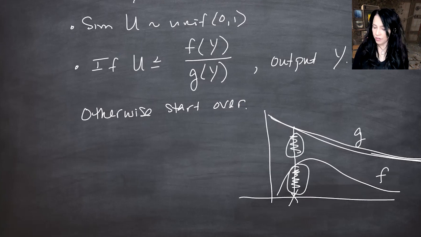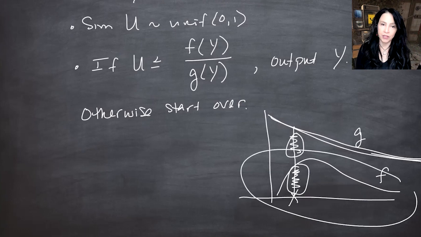And so if your g is way high, then you're not going to accept very often. So you would like the c to be as small as possible. And you ideally would try to mimic this shape if you can, but usually you can't, or then you wouldn't have done this in the first place.